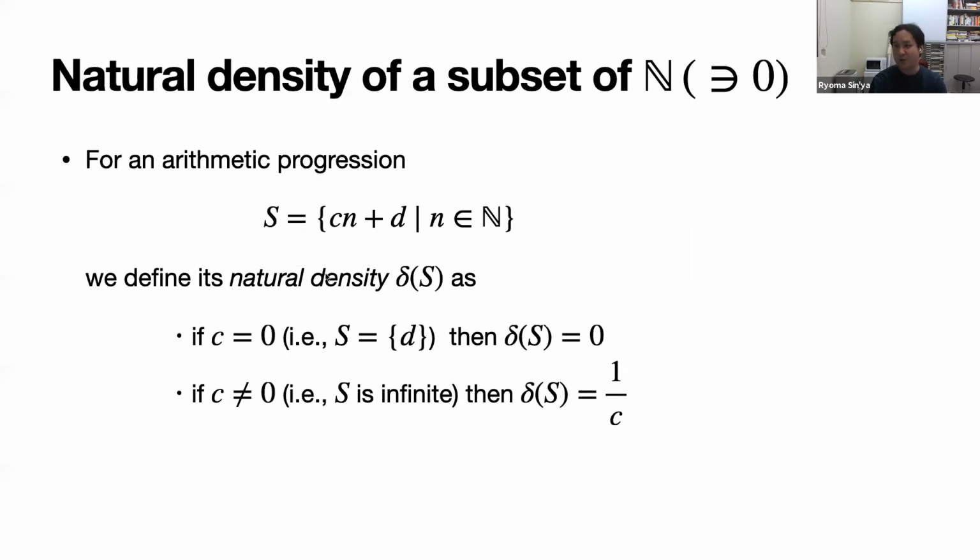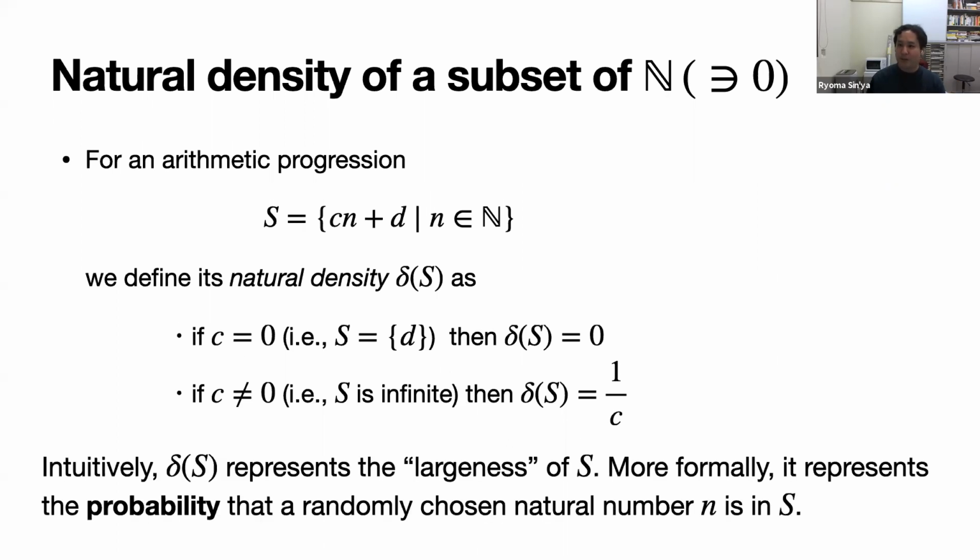It is finite, so very small, whose density is 0, okay? And if C is not 0, there are infinitely many members of S with period C, so its natural density is defined as 1 over C, okay? So this value intuitively means the probability that a randomly chosen natural number n is in that set S, okay?